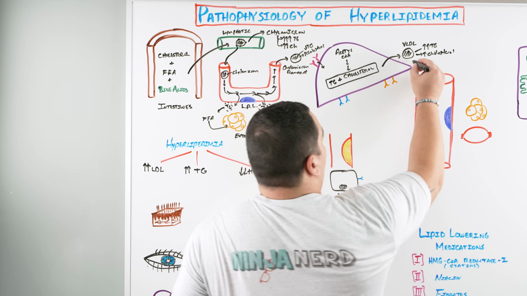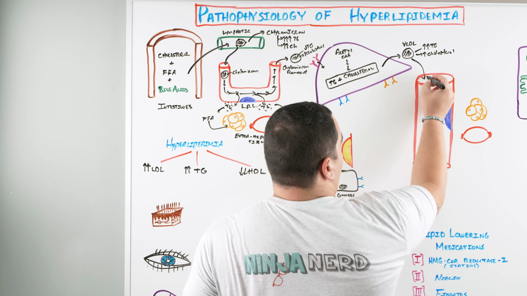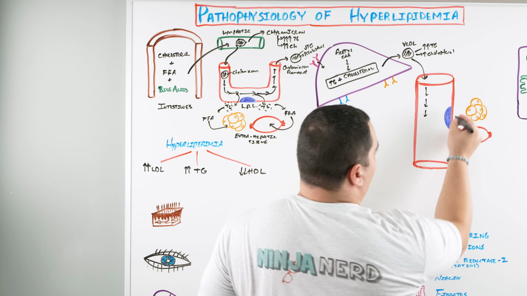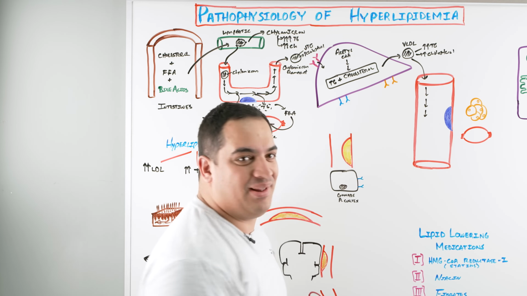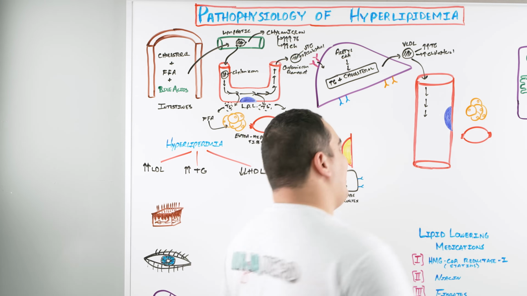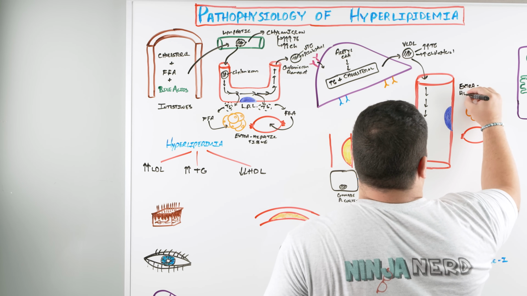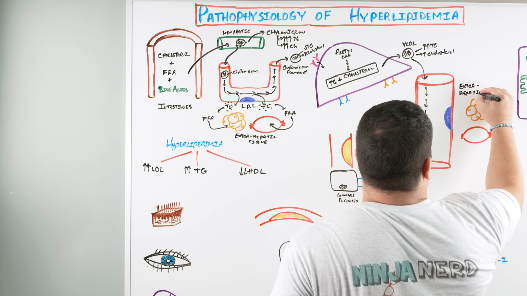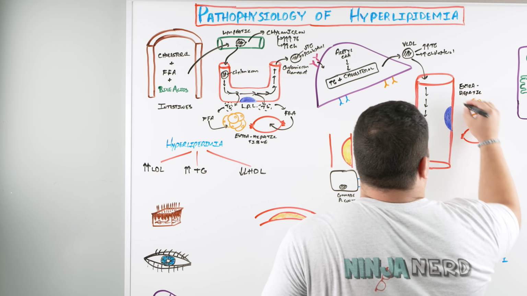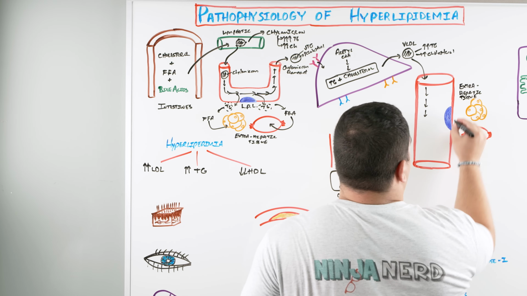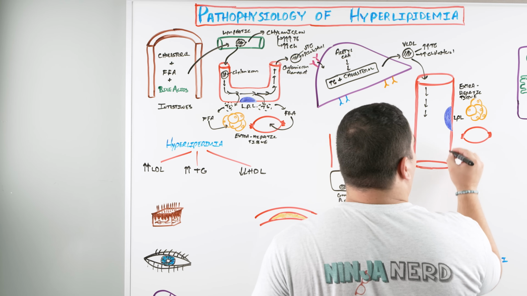Now the VLDL will move via your systemic circulation. When it does, it encounters another enzyme in your capillary system near the extrahepatic tissues, such as the adipose tissue and the skeletal muscle tissue. At these tissues there is that special enzyme, the lipoprotein lipase.